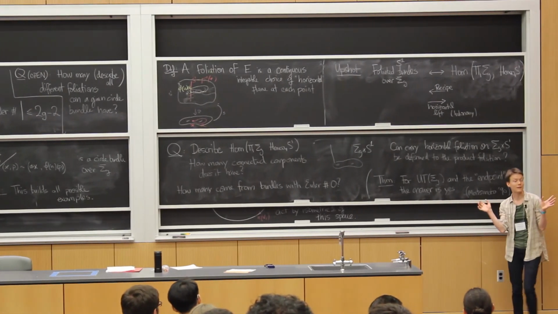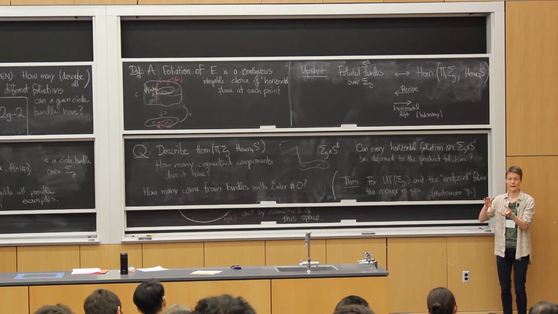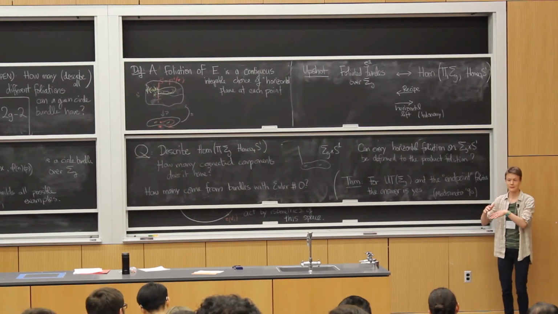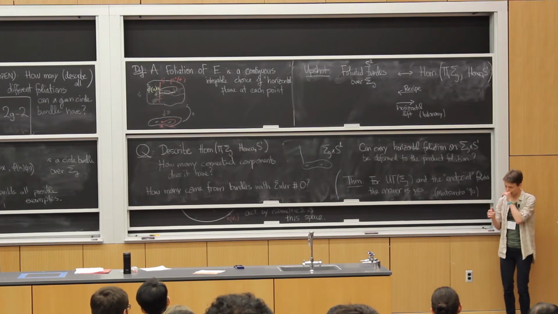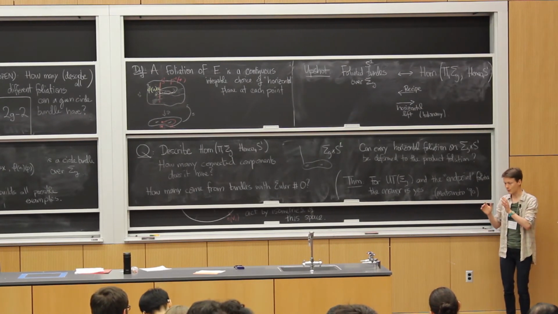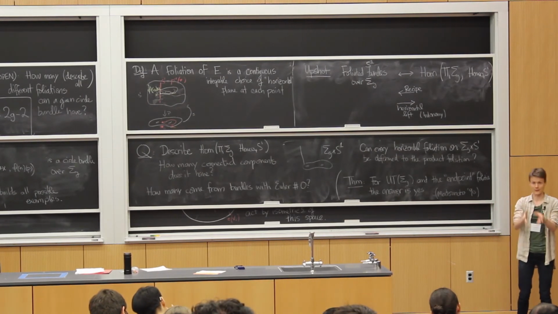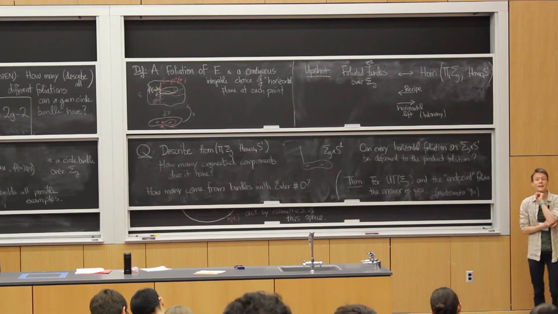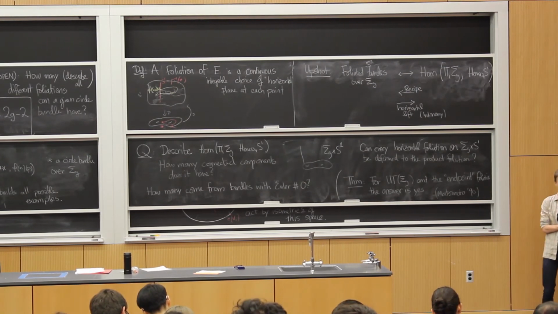But I suspect that the answer in general is different. There are lower dimensional examples, if you look at foliations on specific manifolds, not with this transverse to the fibers condition, where it's different. So we suspect yes, but we don't know.